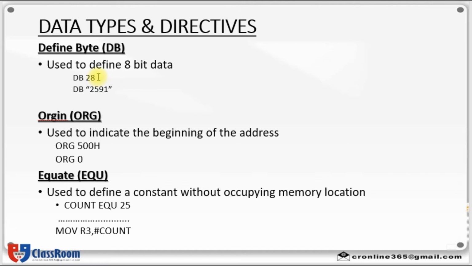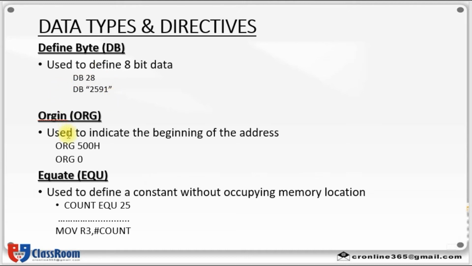Defined byte is used to define 8-bit data. This is the notation for ASCII format. ASCII format will have some specified value. That value will be converted into the corresponding hexadecimal value.